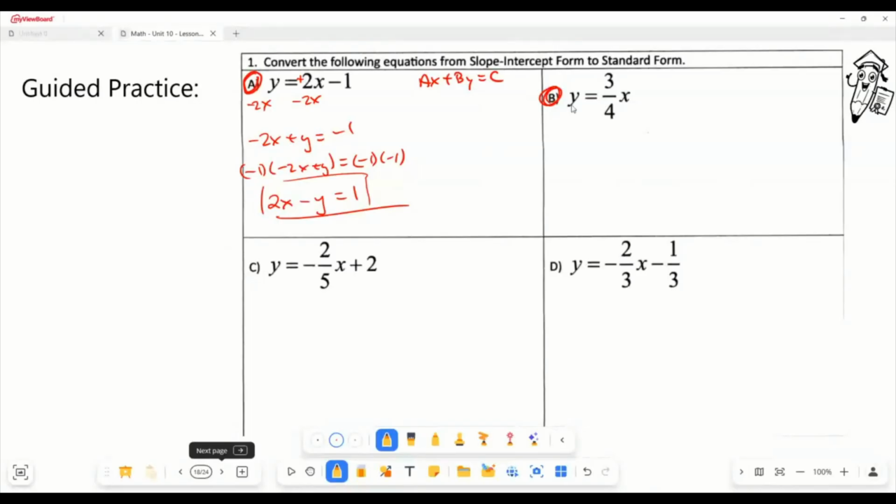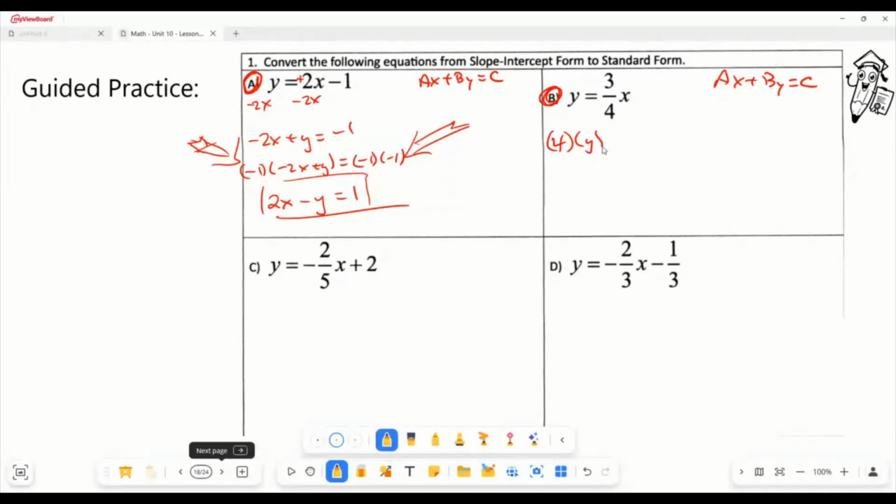Do 2b. Be careful of your negatives. That caught quite a few of you. Okay. We need ax plus by equals c. Get rid of the fraction.